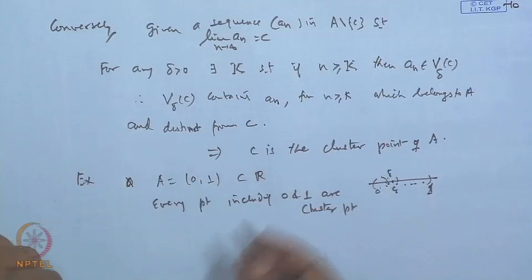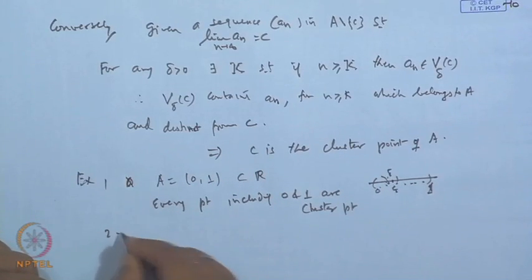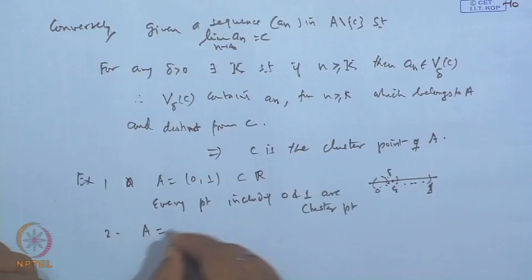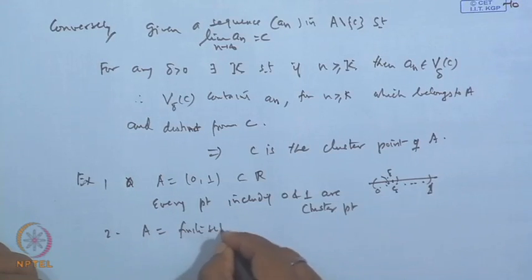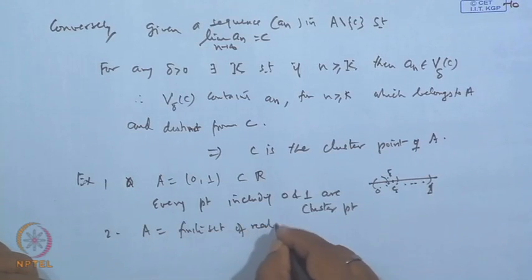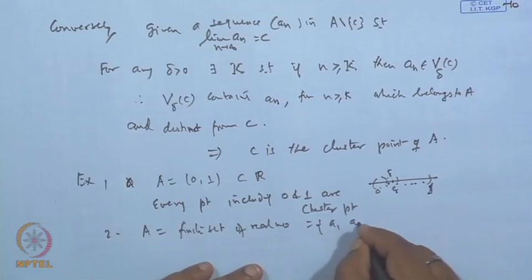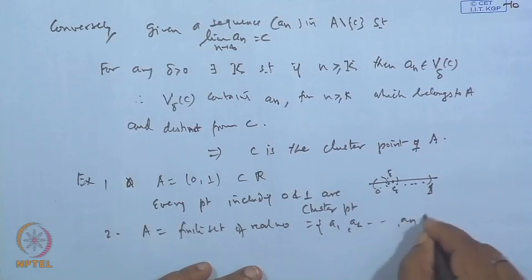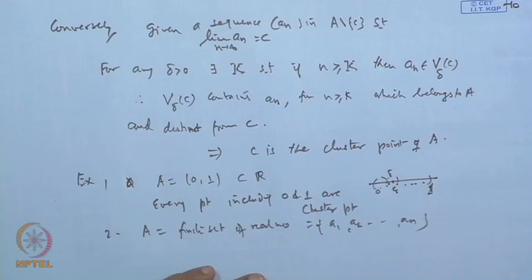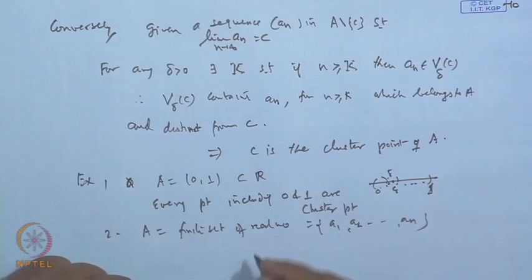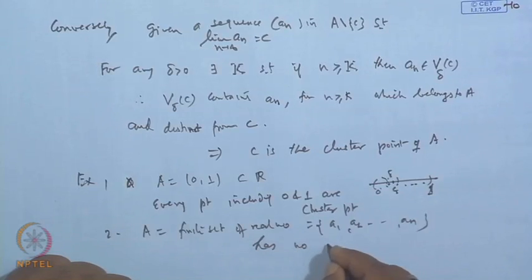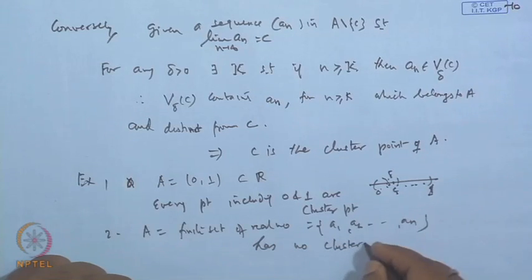Similarly, we can choose a closed interval [0,1], or a finite set of real numbers. A finite set of real numbers, suppose a_1, a_2, ..., a_n are the elements of the set, does not have any limit point, has no cluster point. Why?